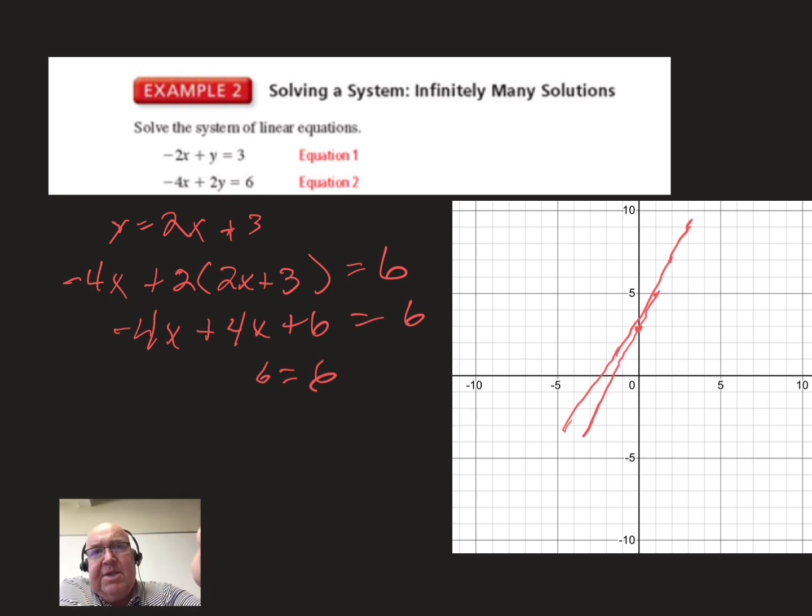Let me correct just a little bit here. It doesn't go off that way. And if I were to graph the other equation the same way, solving, I would get the same equation, y equals 2x plus 6. After I divided 4x plus 6, I get 2x plus 3, excuse me.